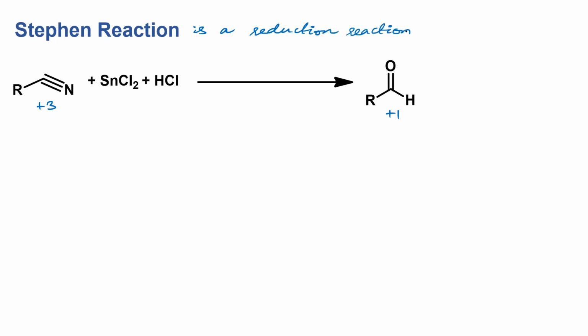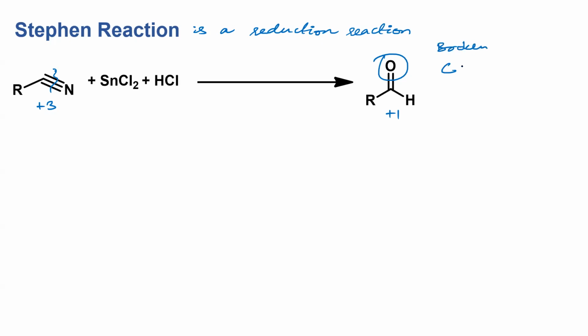It is also a reduction reaction. Now, in this case, there are 2 things happening. We are breaking these 3 bonds within carbon and nitrogen, so we have to make 3 new bonds. Those 3 new bonds being made are 1 double bond with oxygen and a single bond with hydrogen. So which bonds are broken?